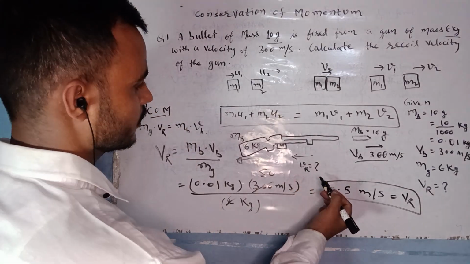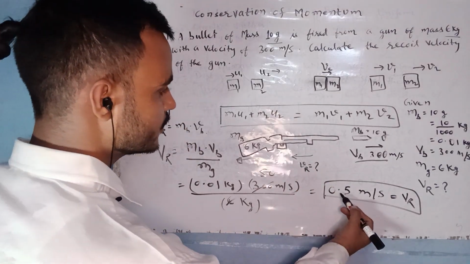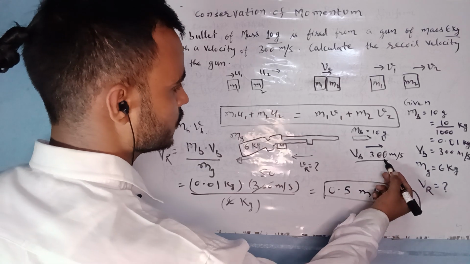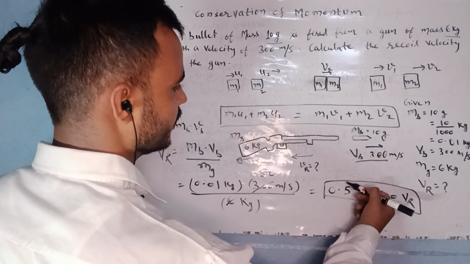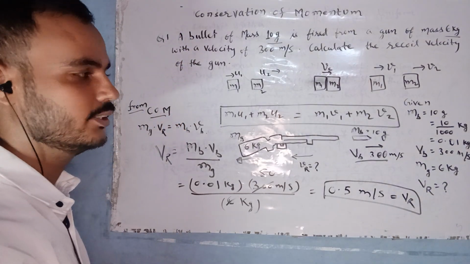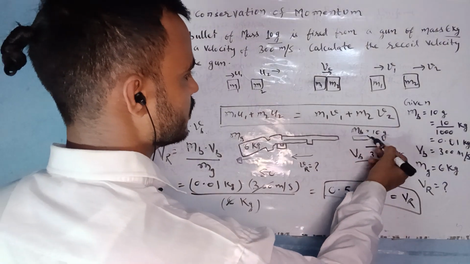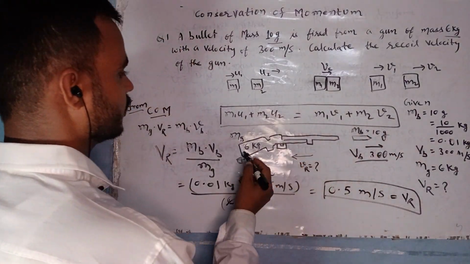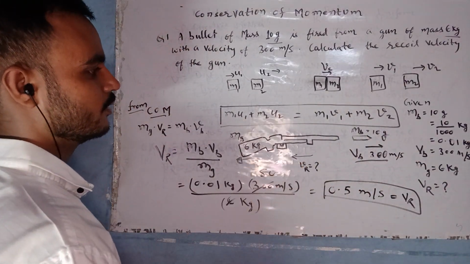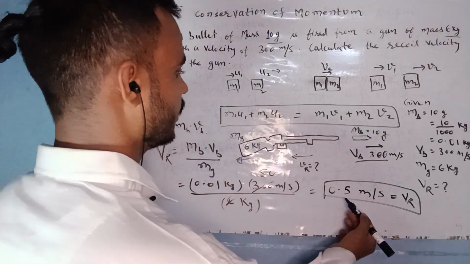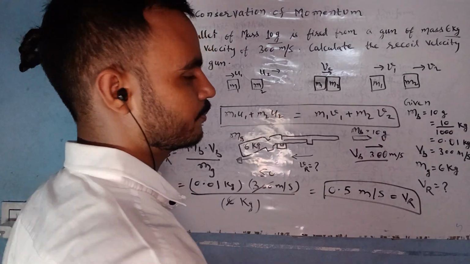That velocity is the recoil velocity, that is 0.5 meter per second, which is very much less in comparison to the bullet, because the bullet's mass is much less in comparison to the gun. So this is the recoil velocity, 0.5 meter per second.